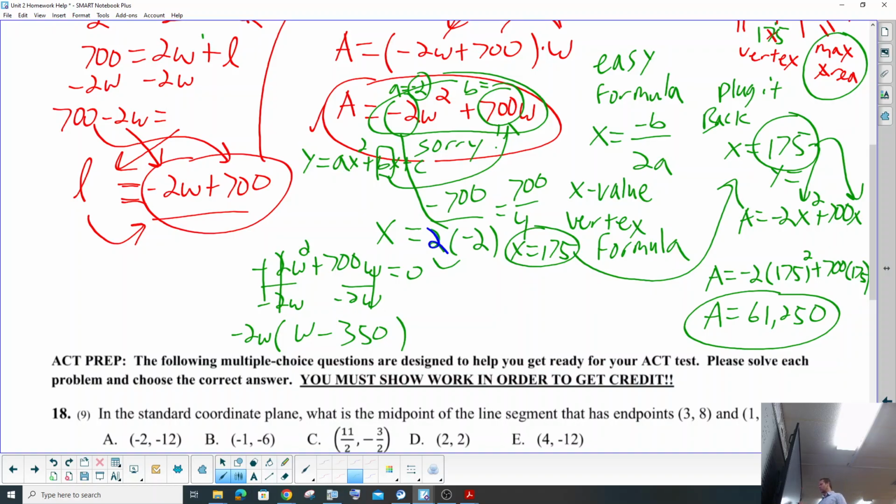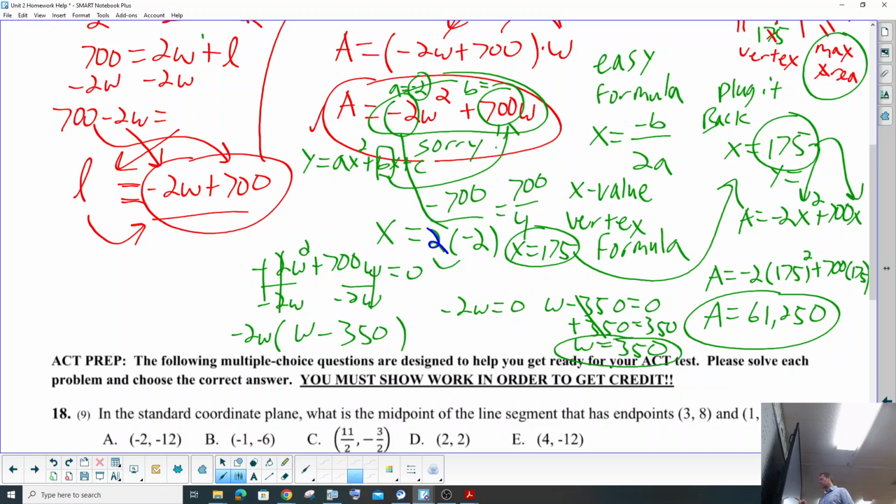So we set each of those equal to 0. Negative 2w is equal to 0, and w minus 350 is equal to 0. We add 350 to the other side, and we get a positive 350. So there's our width. Each of those widths is going to be 350.